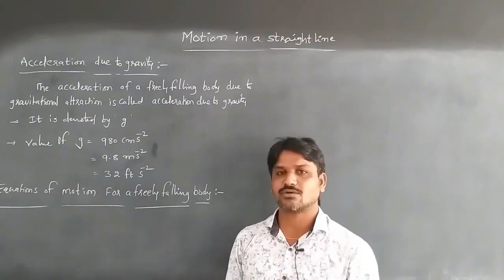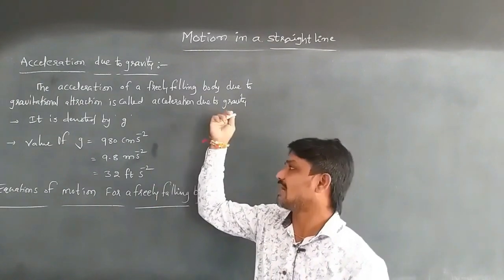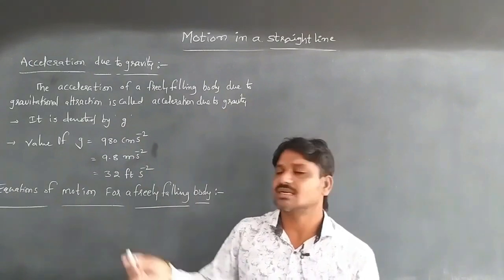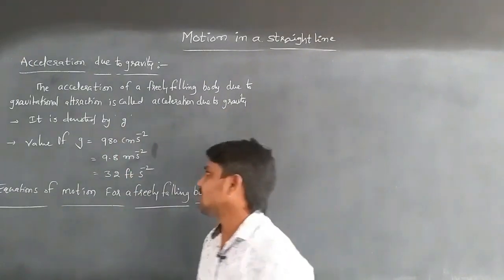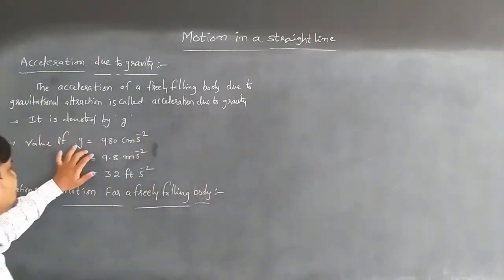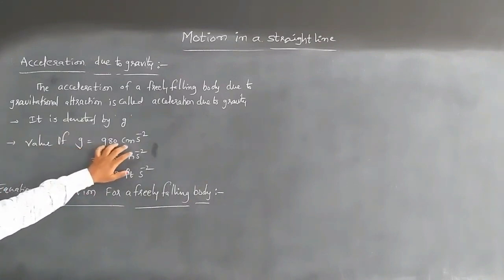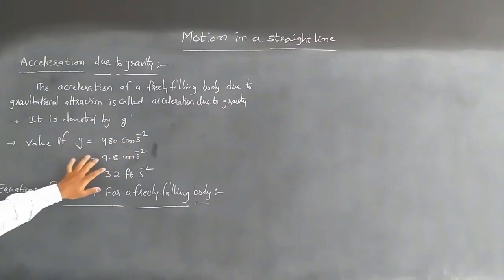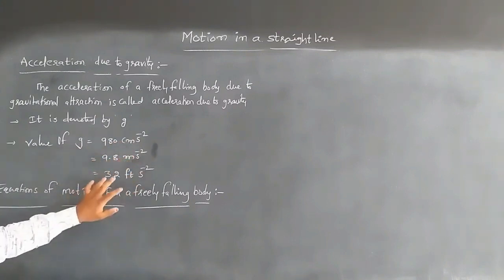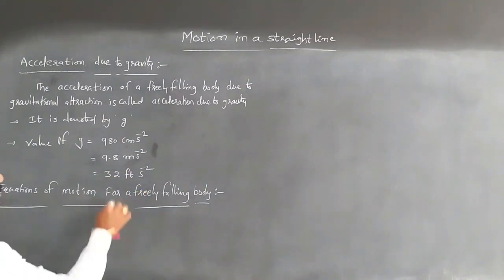So that is why it is called acceleration due to gravity, and it is denoted by the small g. Its value is 980 centimeters per second square, and in meters it is 9.8 meters per second square. In feet we can write 32 feet per second square.